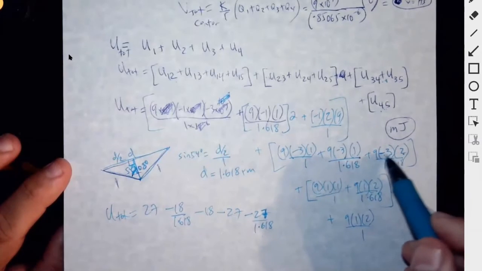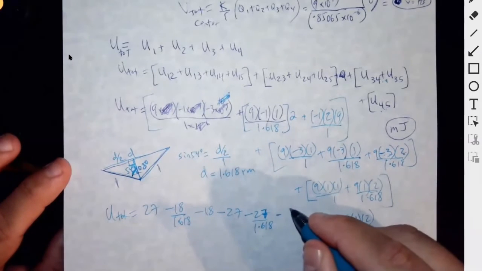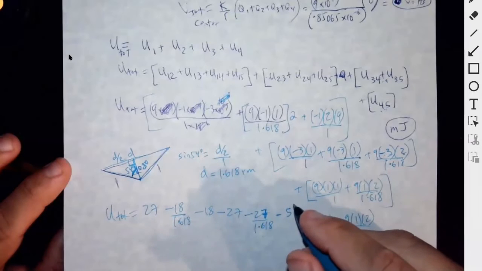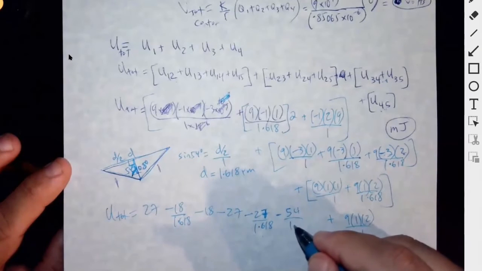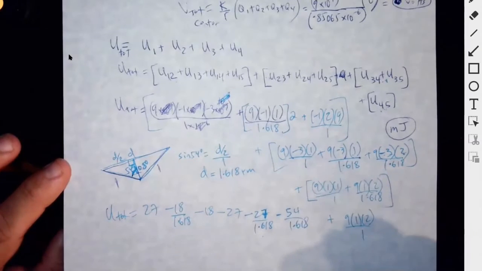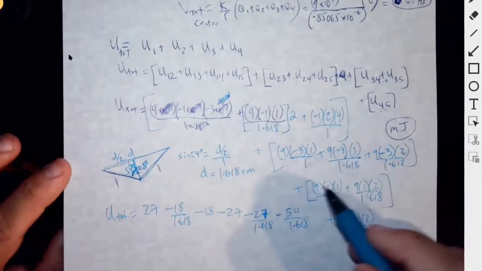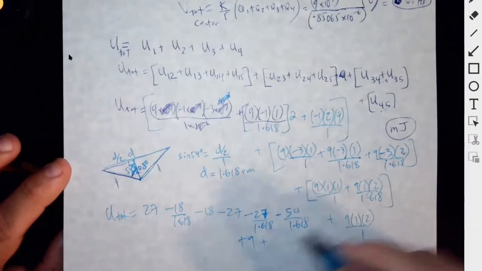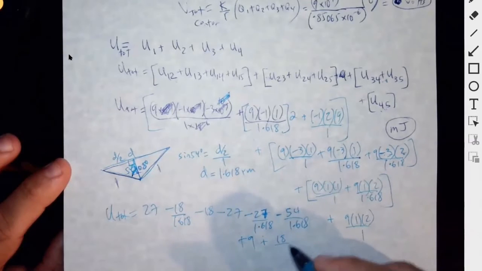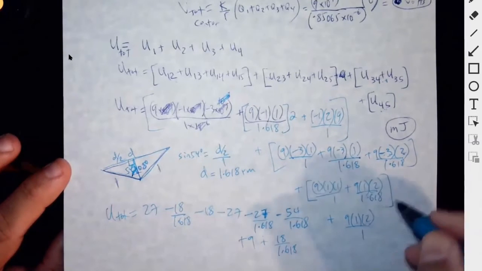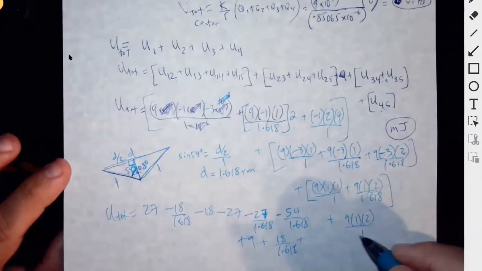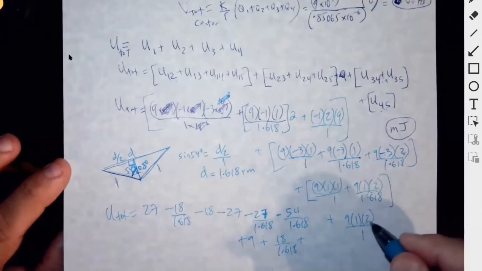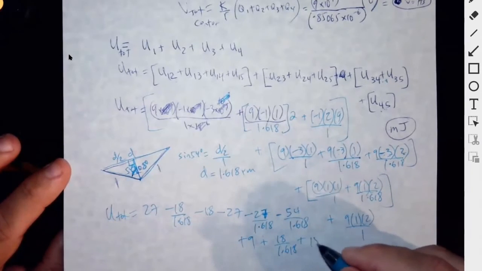This is going to be negative 54 over 1.618. And then this one is going to be positive 9, positive 18 over 1.618, and then positive 18 right here.